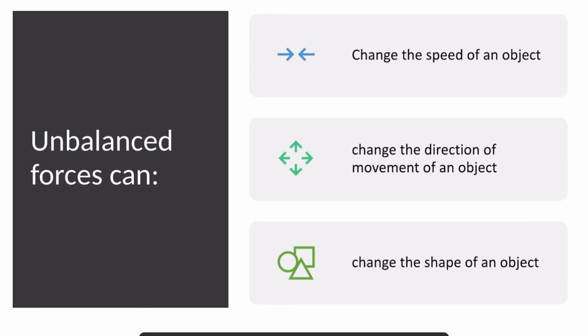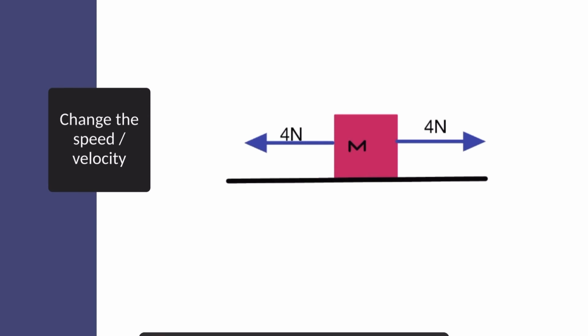Number one, unbalanced forces can change the speed of an object, they can also change the direction of movement of the object, and they can even change the shape of an object. So let's look at an example of how unbalanced forces can change the speed or velocity of an object.